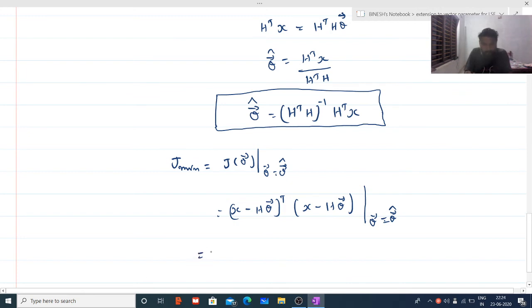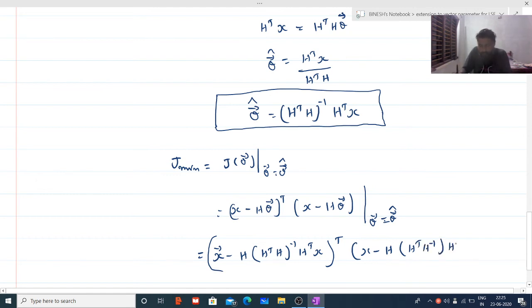I can write it as x minus H of theta, and the value of theta is nothing but H transpose H inverse H transpose into X. That is the equation for theta. I include that in the first case. Similarly, the second is x minus H into H transpose H inverse H transpose into X. I will call this vector x.